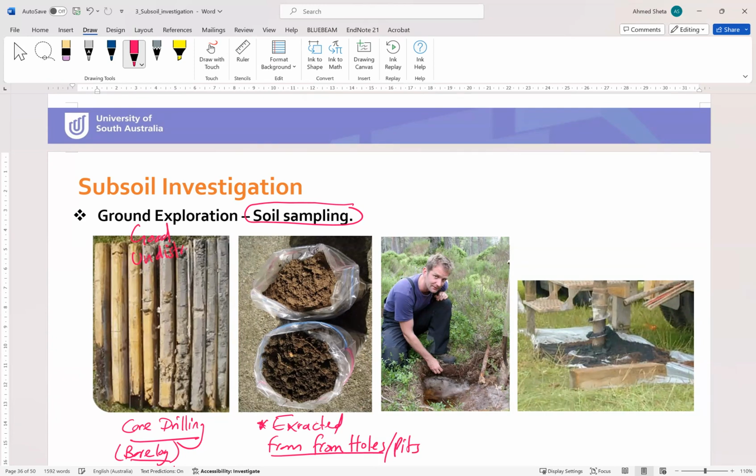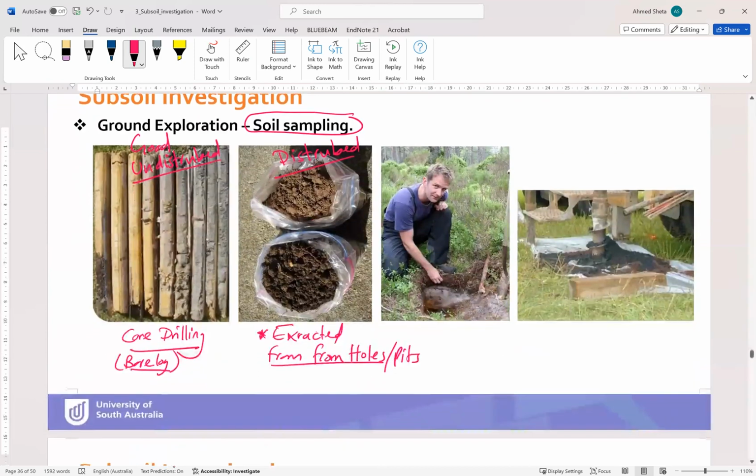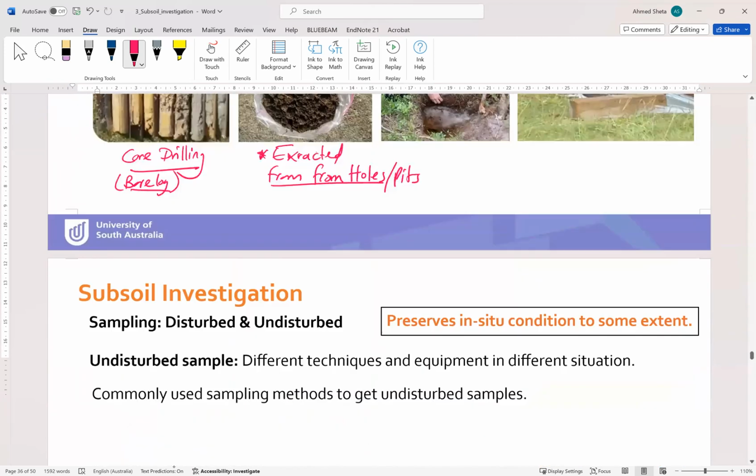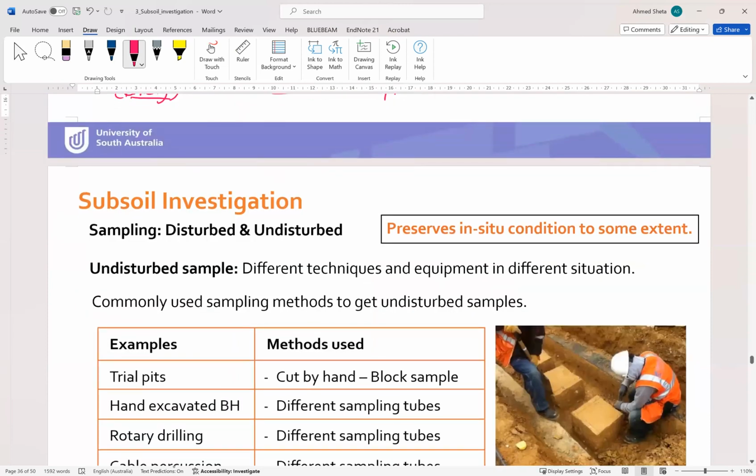We will know this later, but this one is not good for all testing because it is a disturbed sample. So now we are talking about the sampling of the soil and what the difference is between disturbed and undisturbed samples.